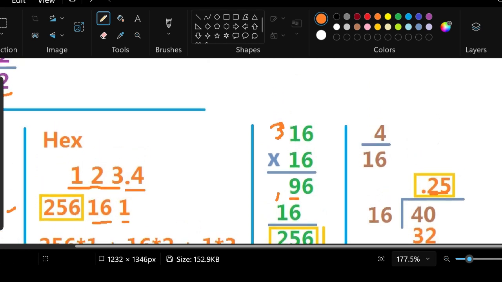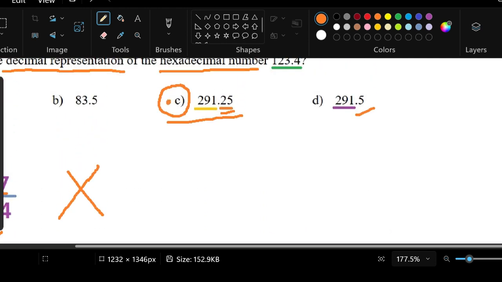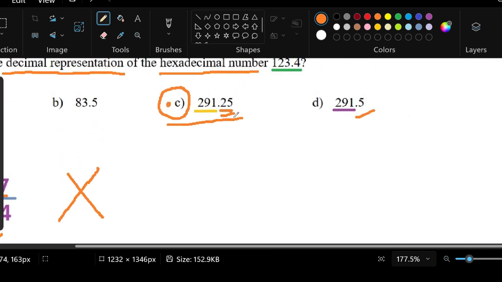The other possibility was 5, but dot 25 seemed okay already, and so the correct answer is letter C, which is what I eventually chose.